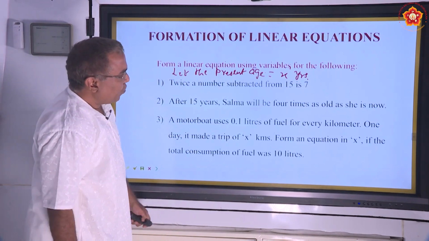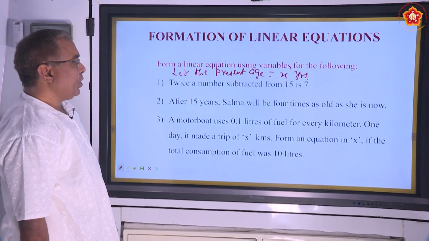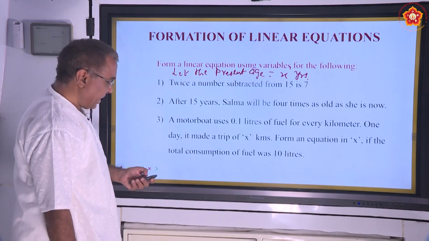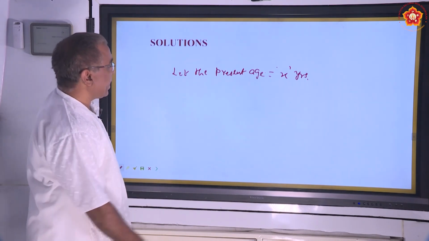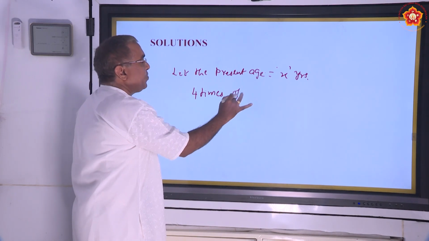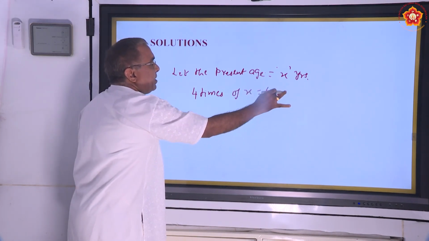Salma will be 4 times as old she is now. So, what will be 4 times of x? 4 times of x is going to be 4x.